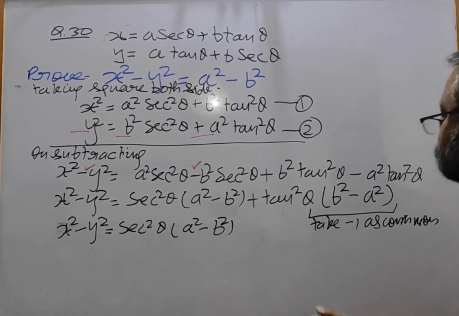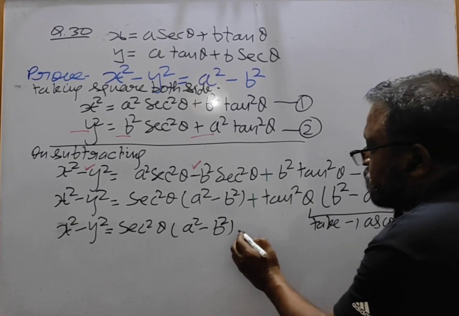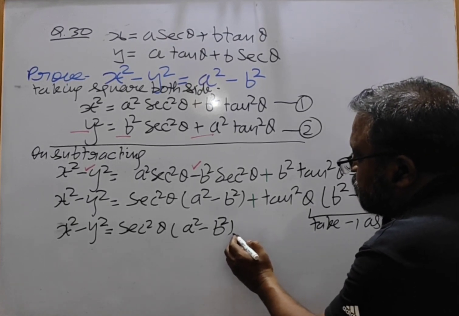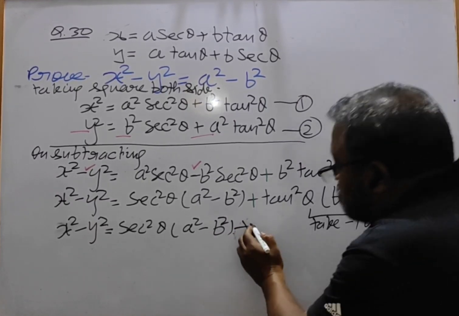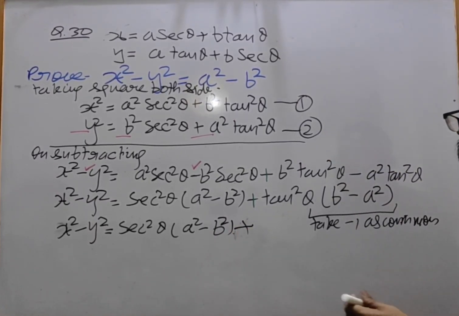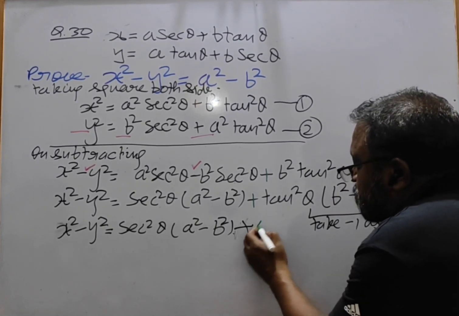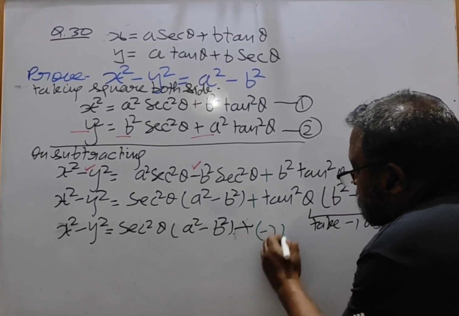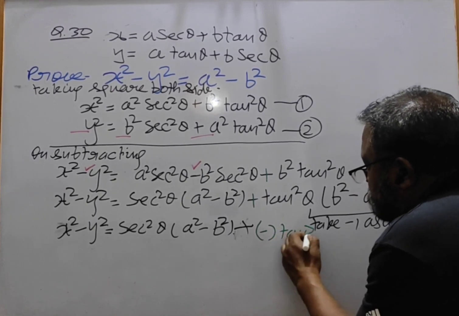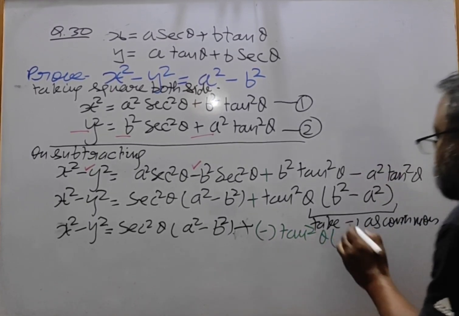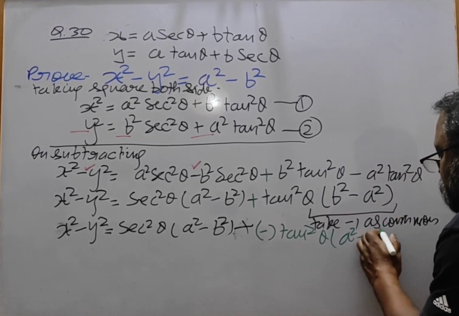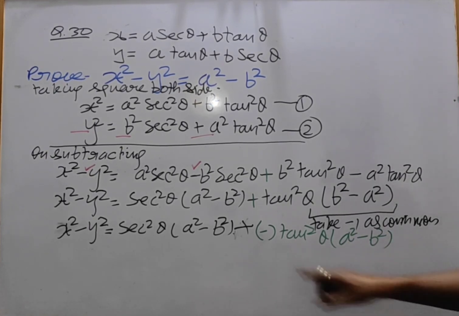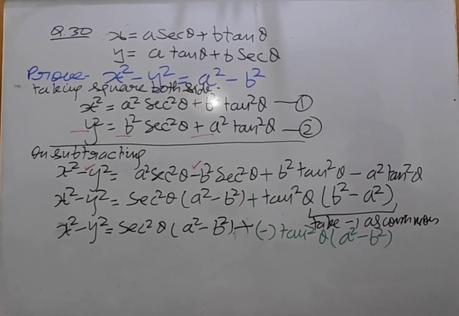You have taken minus as a common, so there will be plus, but here there will be minus tan square theta bracket a square minus b square, right? So this plus minus turns to minus, right?